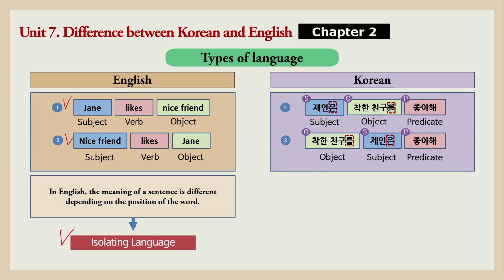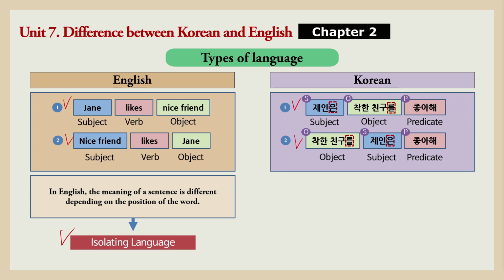Look at the Korean example sentence on the right. I will read it. 제이는 착한 친구를 좋아해. This sentence is made up of subject, object, predicate. Next. 착한 친구를 제이는 좋아해.